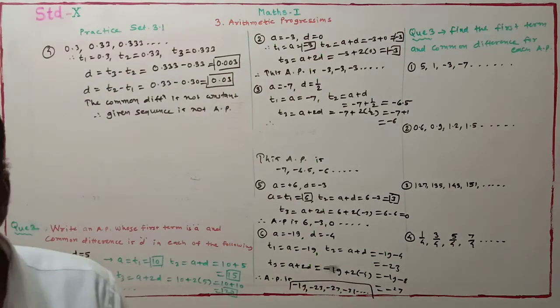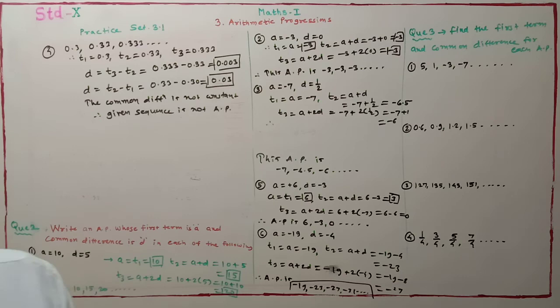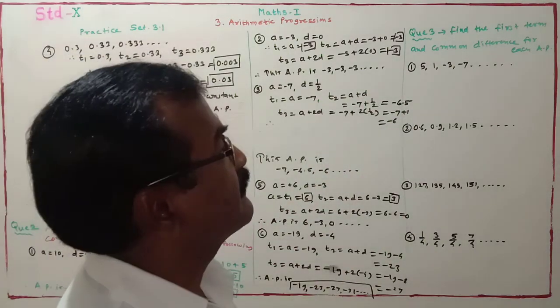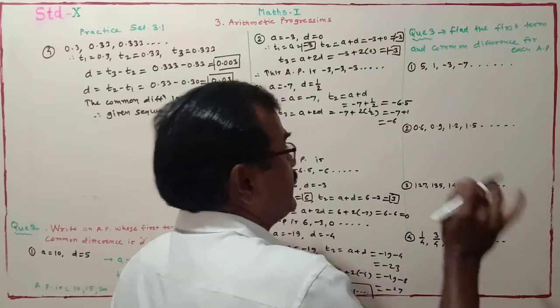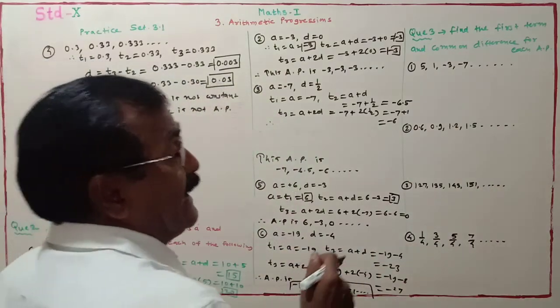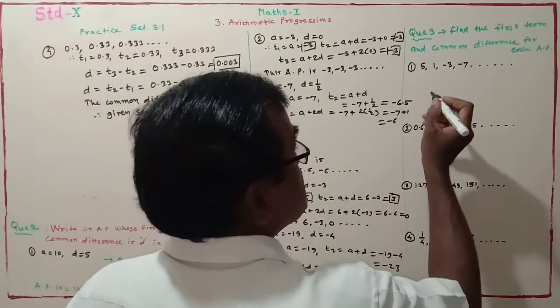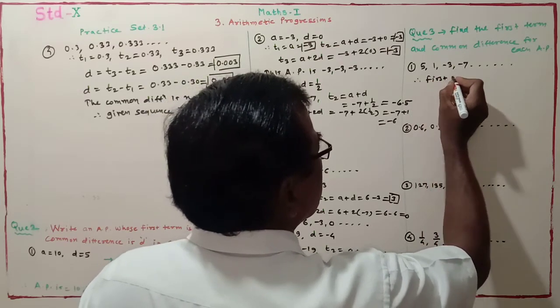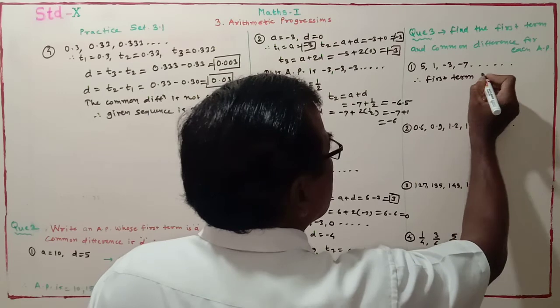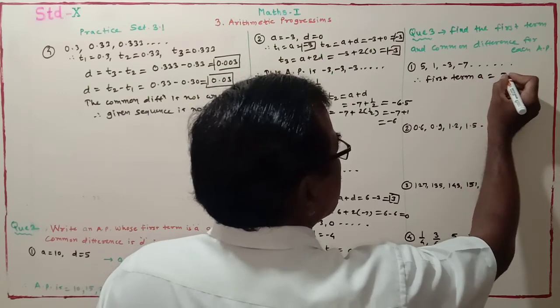In question third, find the first term and common difference for each AP. Means these are AP. We write A means T1 means first term. Therefore, first term A is equal to 5.